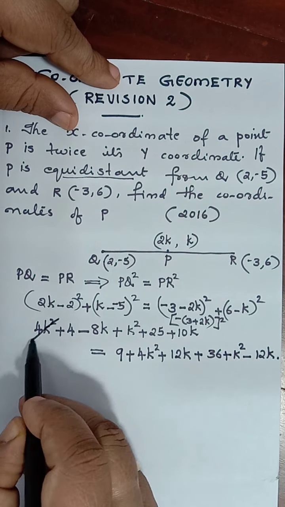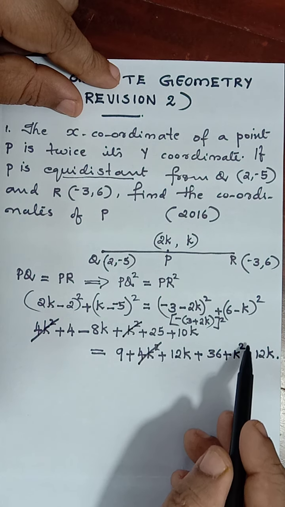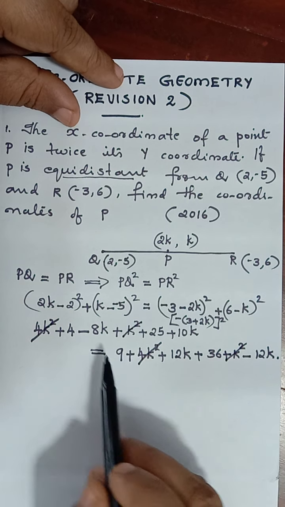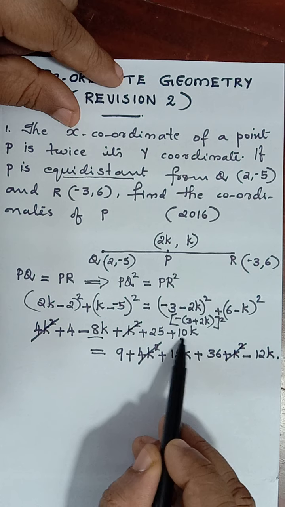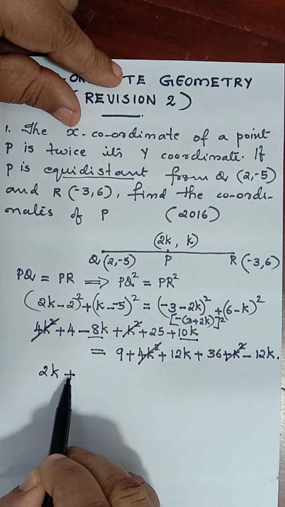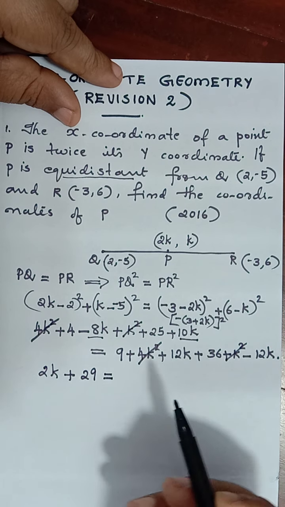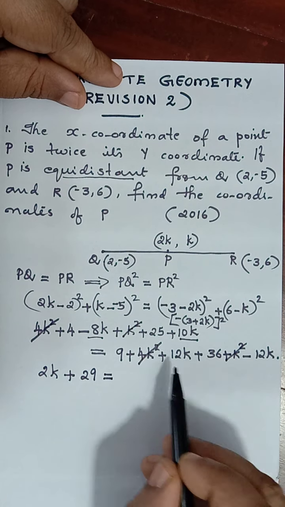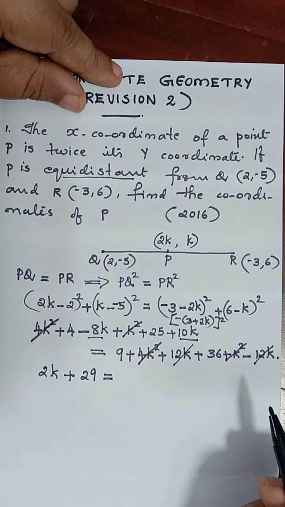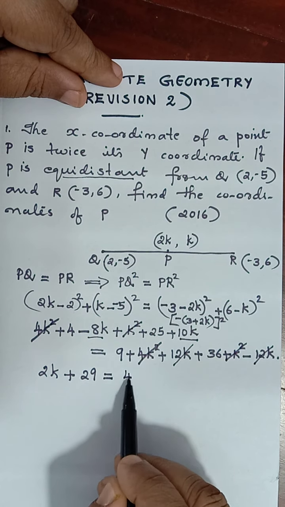Okay, so 4k square on both the side we can cancel. Then positive k square both the side. Let us see what is there. Negative 8k plus 10k become 2k plus 4 plus 25 is 29 equal to 12k minus 12k. It is 0. 36 plus 9, 45.